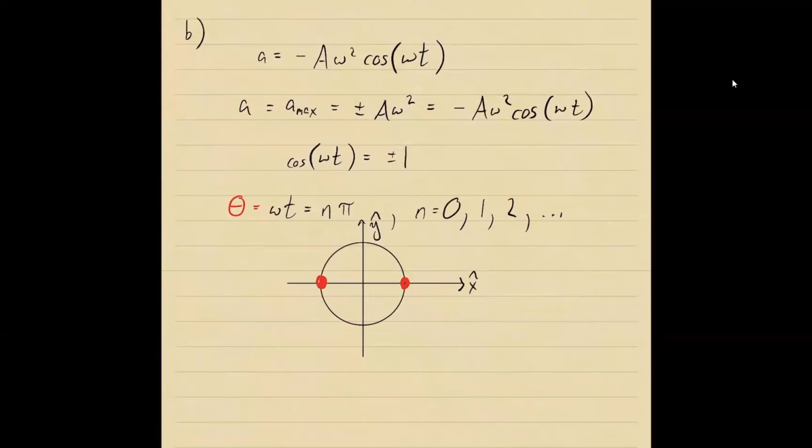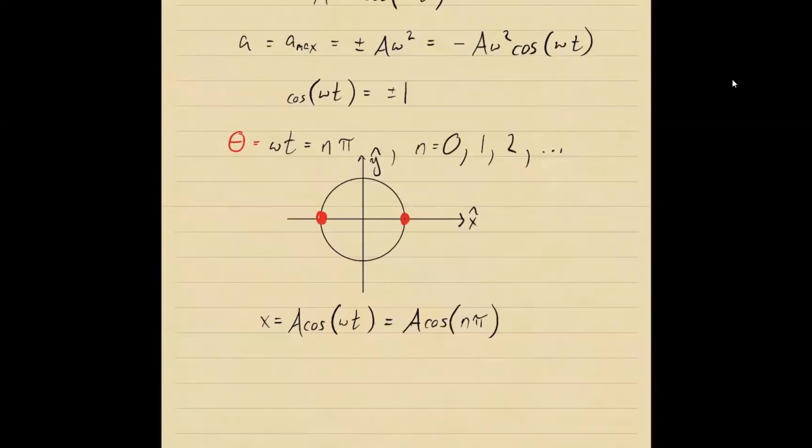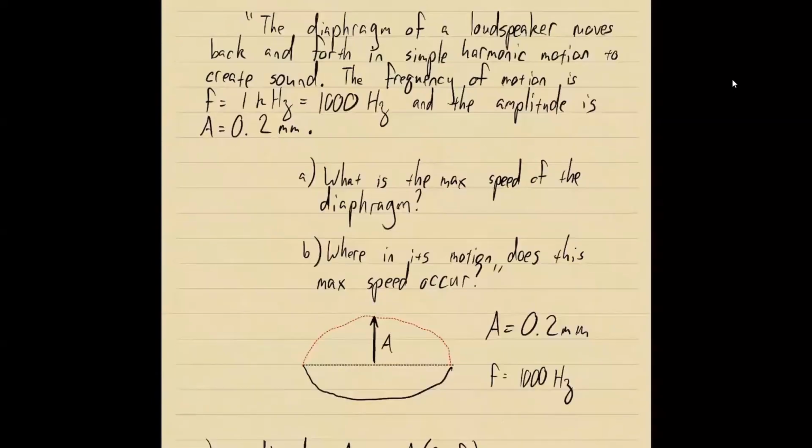So for the location part, the location where this diaphragm is moving with max acceleration is when omega times t is equal to some number times pi, so cosine n times pi. But this is just plus or minus A. So if I could go back up, it's like the little picture I drew.